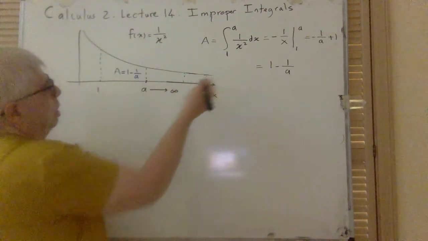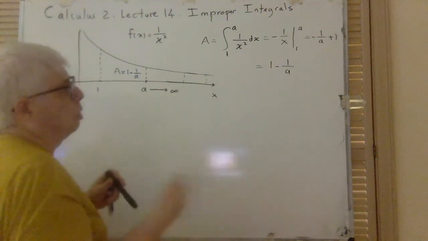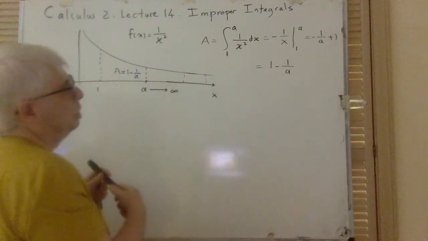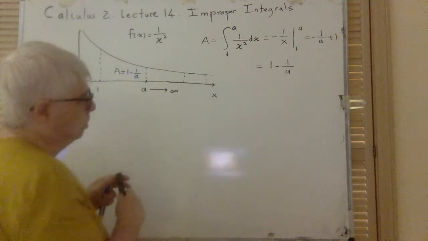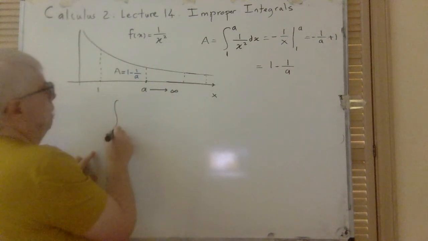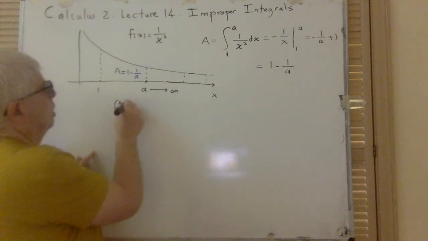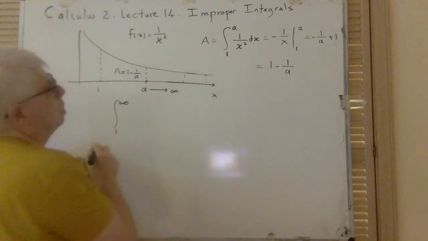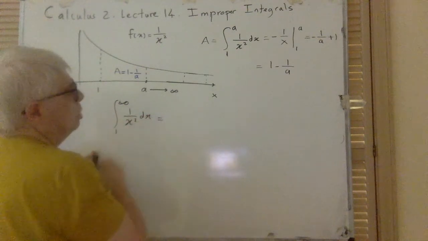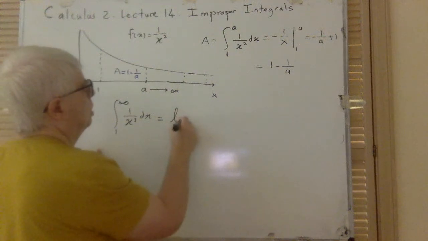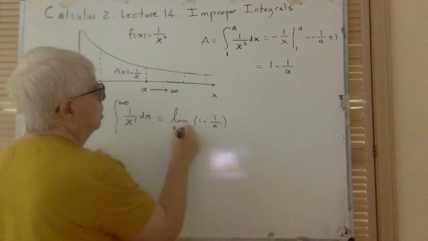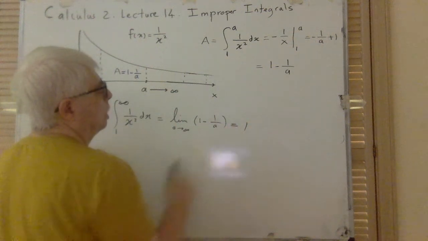It is natural to define the area under this curve from 1 to infinity to be the limit of this thing. So the integral from 1 to infinity of 1 over x squared dx, this unbounded area from one side, is naturally defined to be the limit of this as a goes to infinity, which is 1 in fact.